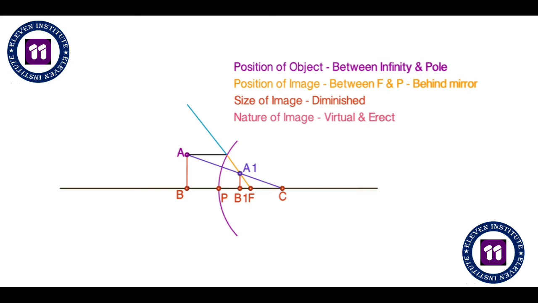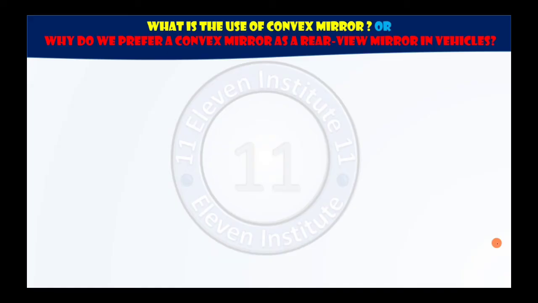Now let us see some uses of a convex mirror. Where can we use this based upon the image formation or the properties of the image we get? Let us see them. So now let us see the uses of a convex mirror. First of all, we are very clear after drawing the ray diagrams at different positions that you will always get a smaller image of some larger object.